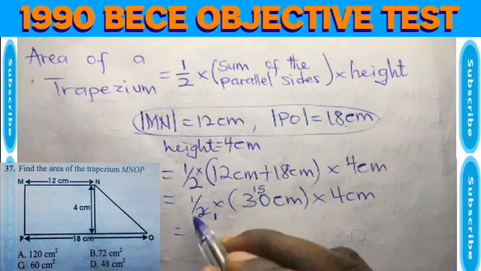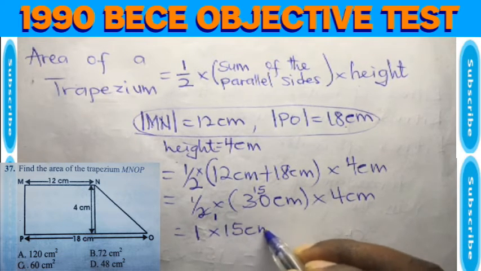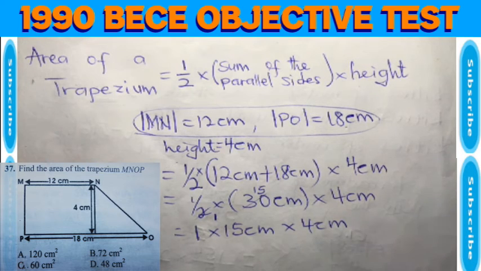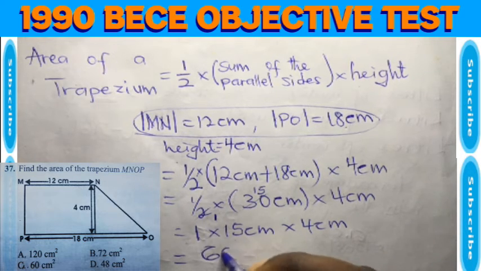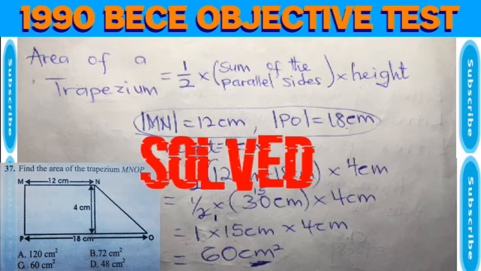So we have 1 multiplied by 15 centimeters, multiplied by 4 centimeters. 1 times 15 is 15, and 15 times 4 gives us 60 centimeters squared. So the area of the trapezium is 60 centimeters squared. And that brings us to the end of question 37.